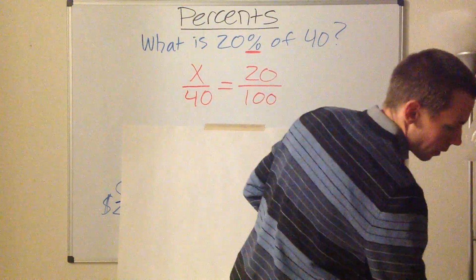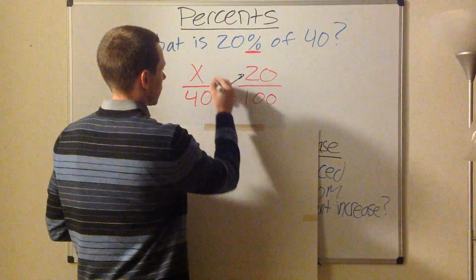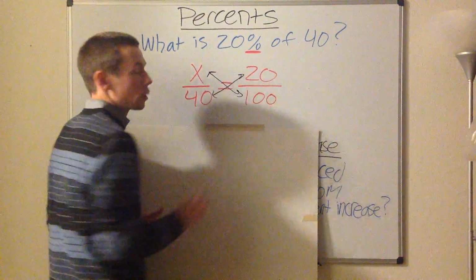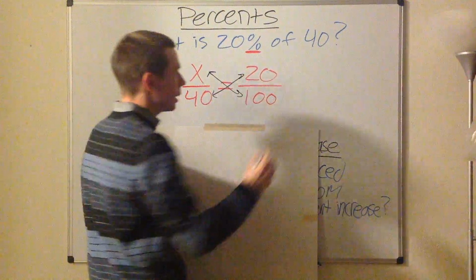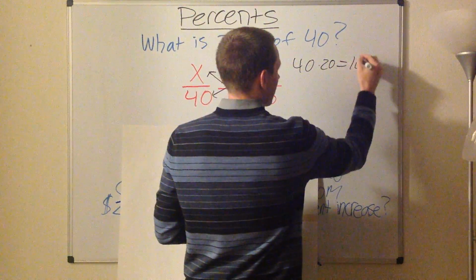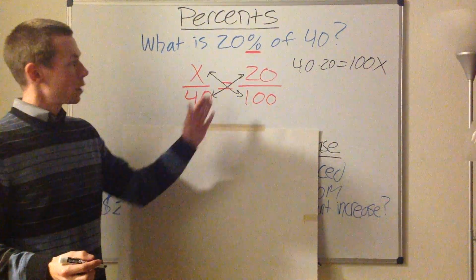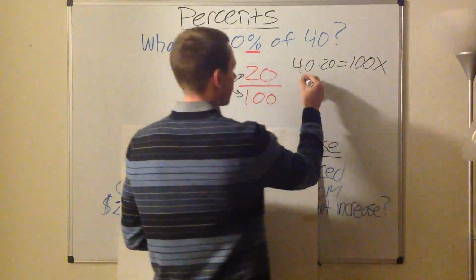So, to solve that, we cross multiply. 40 times 20 equals 100 times x. 40 times 20 is 800.